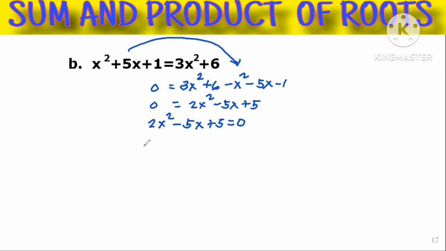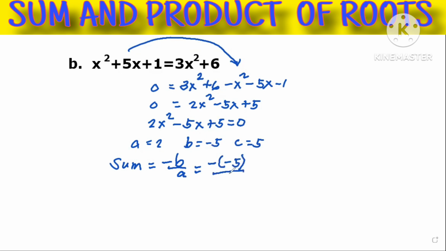So taking the values of A, B, and C, we have A is equal to 2, B is equal to negative 5, and C is equal to 5. So to get the sum, we have negative b over a is equal to negative of negative 5 over 2.